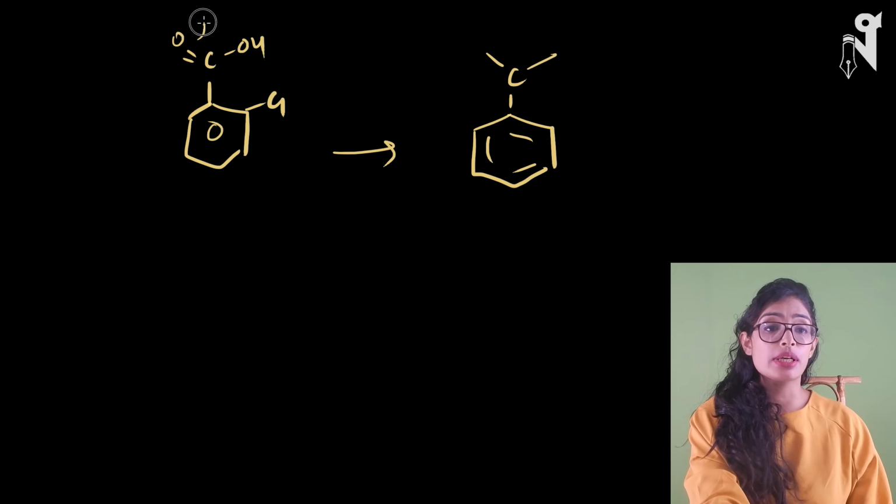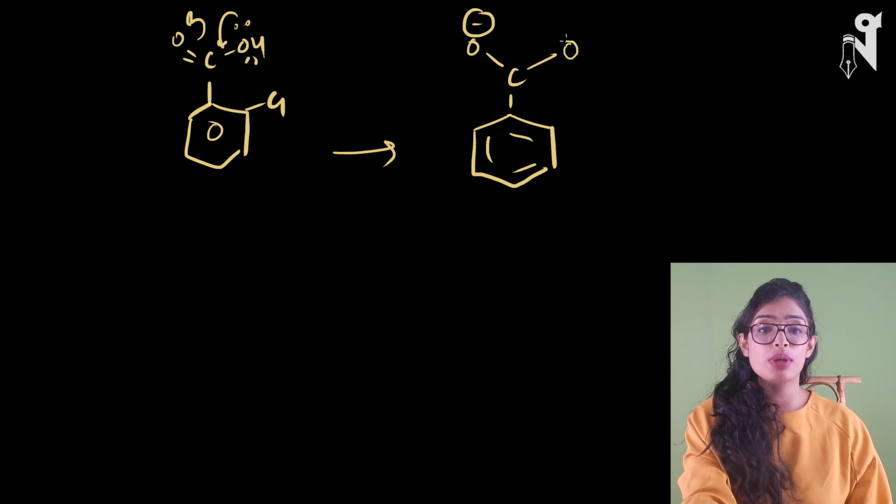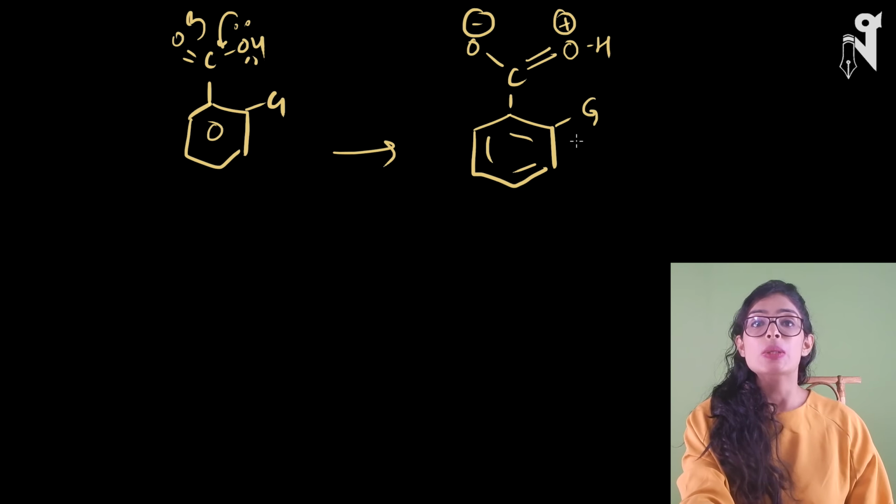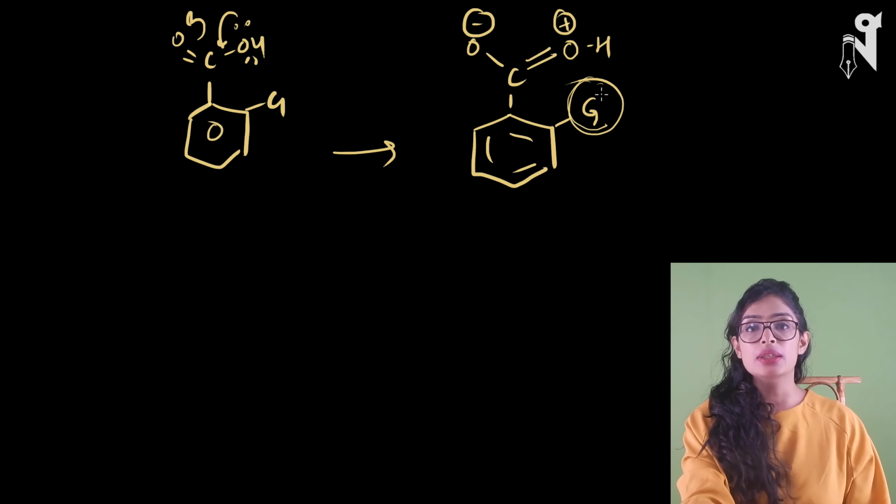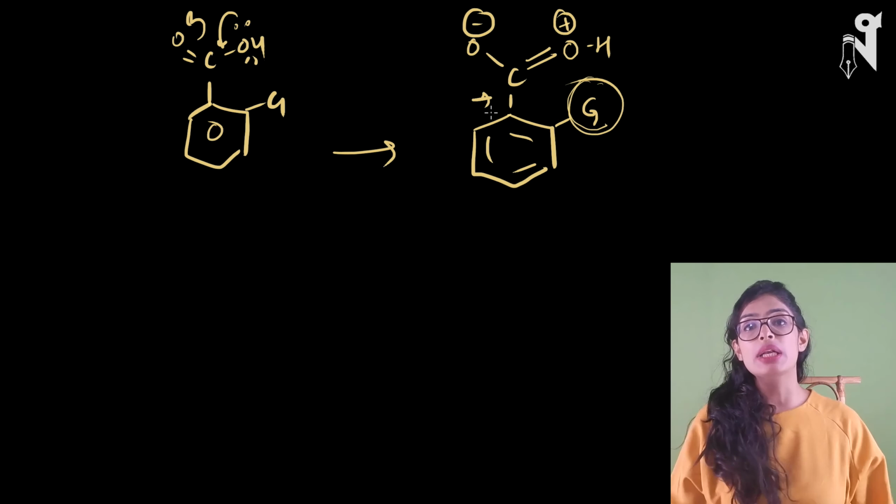So this will pull the electron density, and this lone pair will go here like this. So this oxygen will be negative, this oxygen will be positive, and there will be a pi bond over here and a hydrogen. And if there is a functional group present over here, what exactly is going to happen? There will be a functional group or any group present over here that will cause repulsion to the COOH, because COOH is a bulky group.